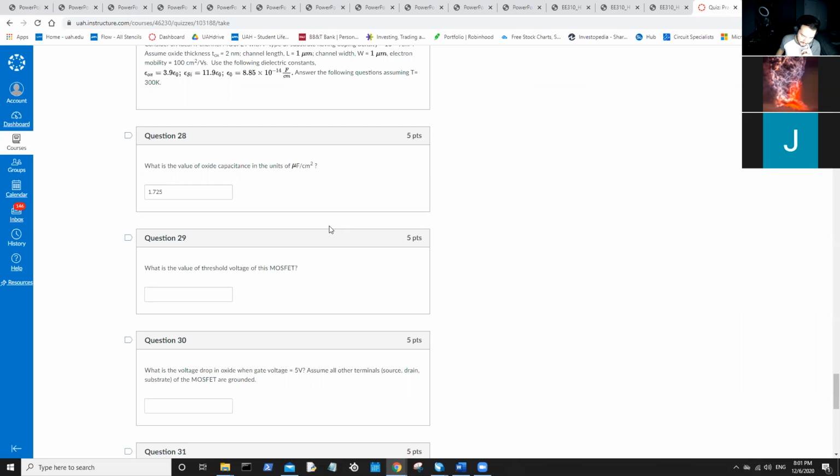Everything that we need is given except for WD. We don't know the depletion width, so we have to calculate that.